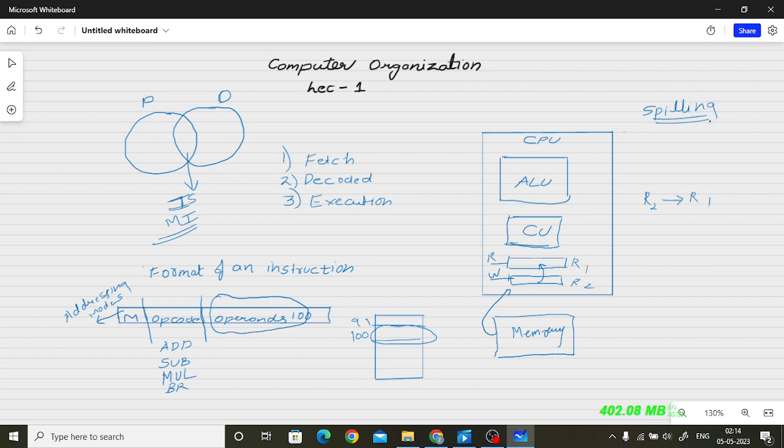For someone it will be a new term. Spilling is the wastage of time in moving data from one register to another register. If we have a large number of registers in our system, then the data will not need to move from one register to another in order to get executed.